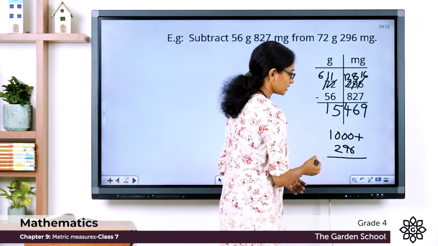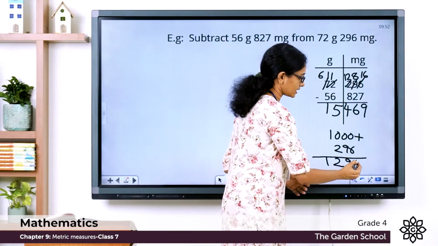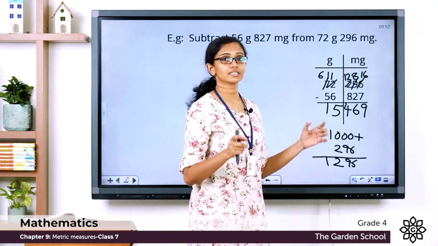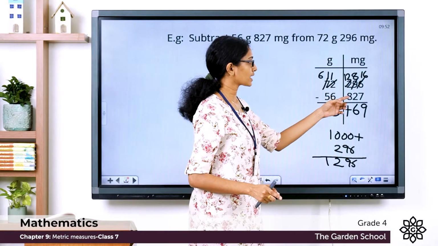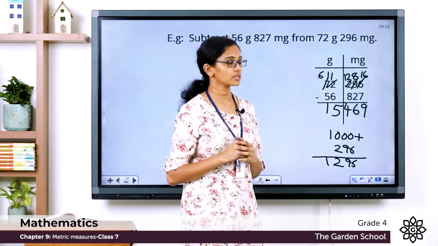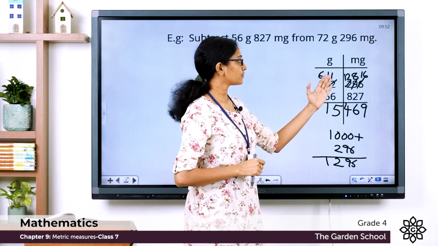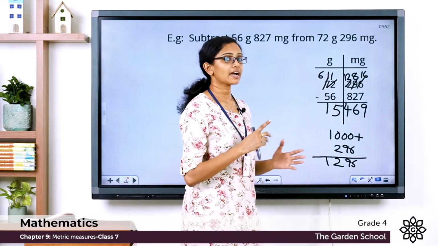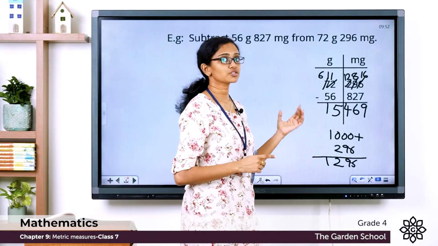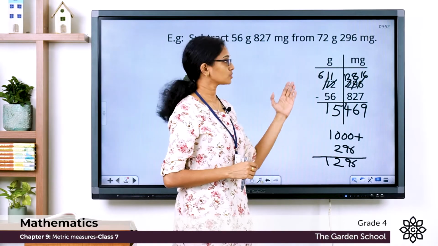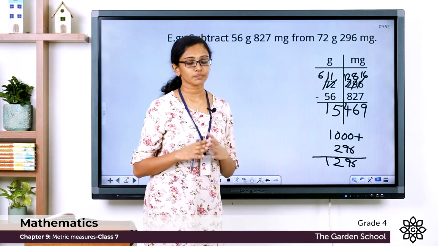So the total will be 1296. And it is from this 1296 milligram that we are subtracting 827 milligram. So just keep this in mind when you borrow 1 from the gram column and give it to the milligram column.